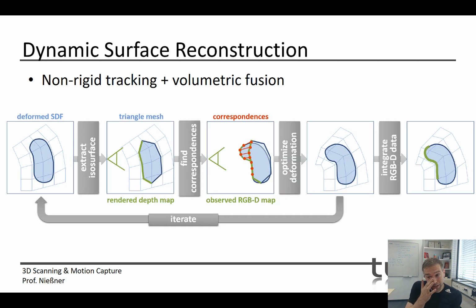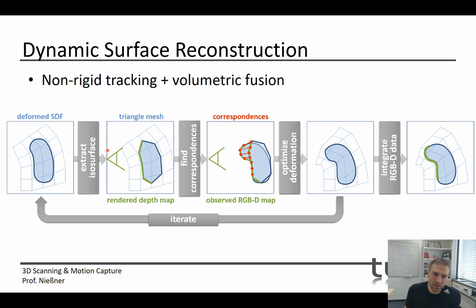So there's a little bit of an intricacy that we have to talk about. One idea here is we say, well, we have a signed distance field. And from this signed distance field, we can extract some sort of surface, for instance by running marching cubes or something like this.